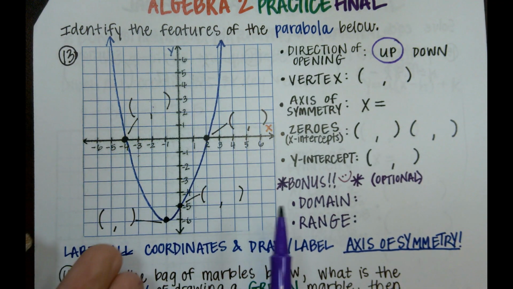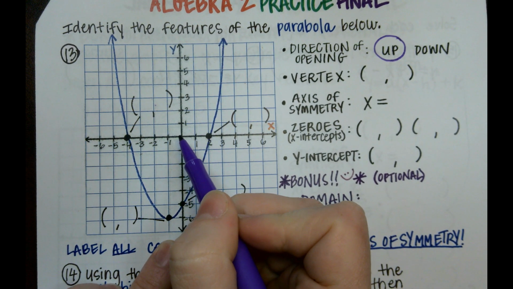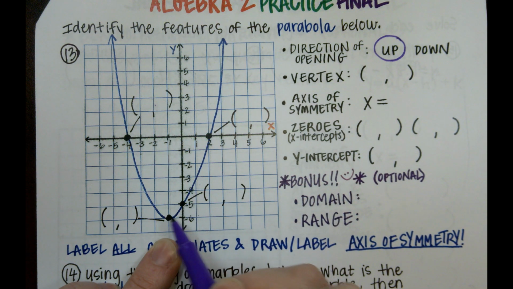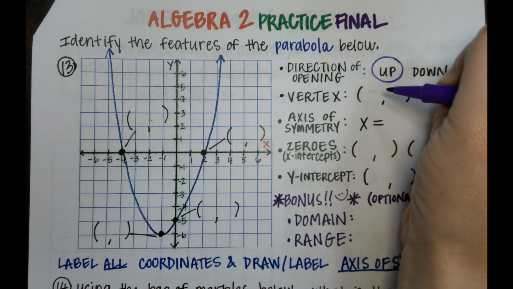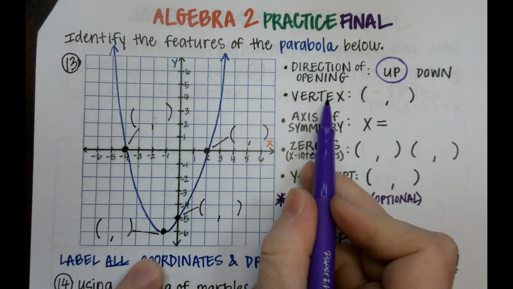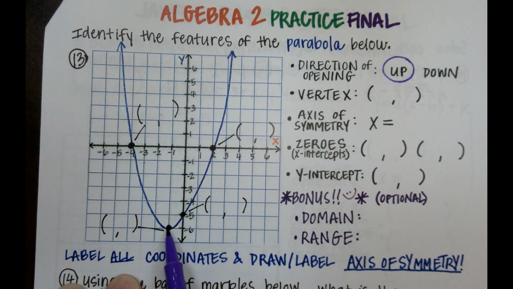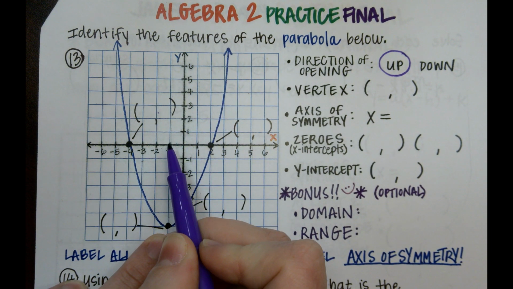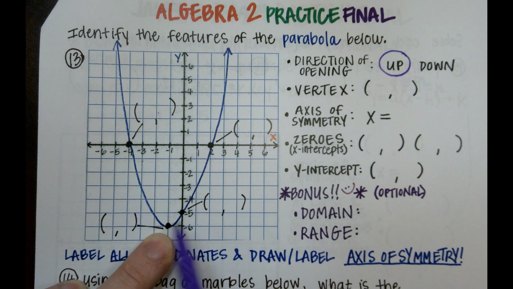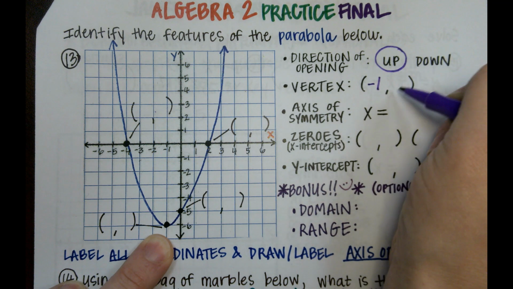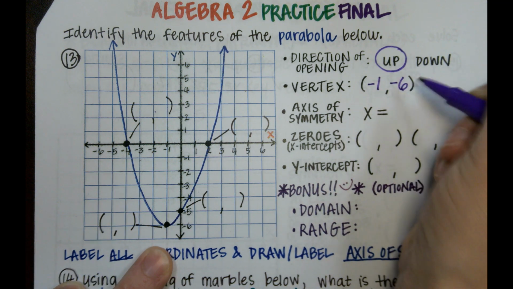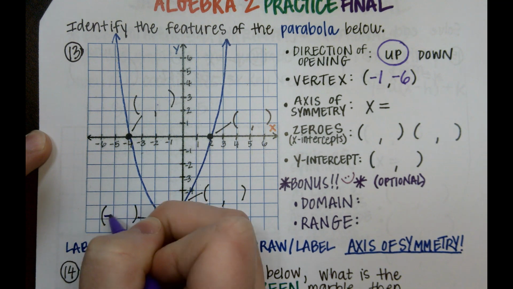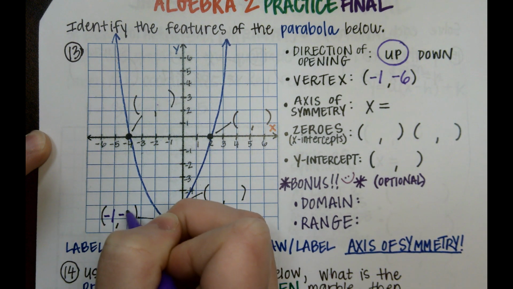In our x direction, we go over negative 1, and in y, we go down negative 6. So our vertex is that middle lower point right here. It's negative 1 in the x direction, negative 6 in the y. So here's our vertex, negative 1, negative 6. And I'm going to label that on my graph as well.